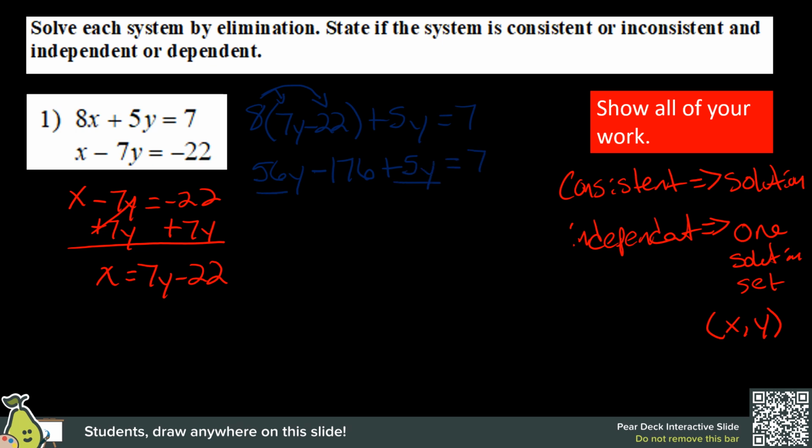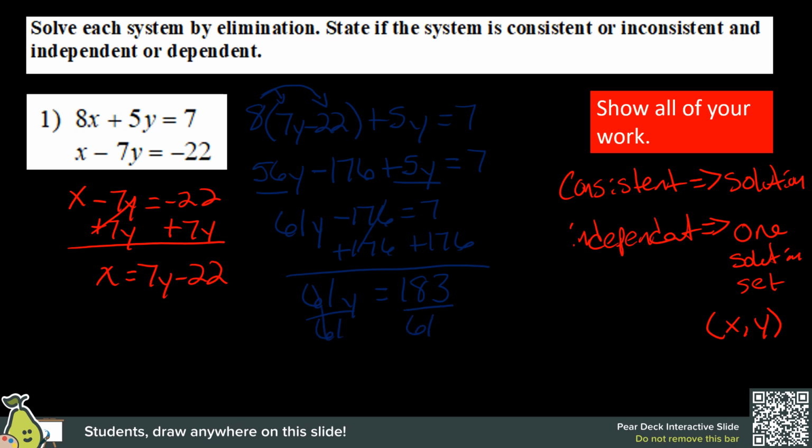We'll combine these, so we get 61y minus 176 equals 7. We'll add 176 to both sides. So we get 61y equals, and then 176 plus 7 is 183. And then we'll divide both sides by 61. Okay, so we get y equals 3.